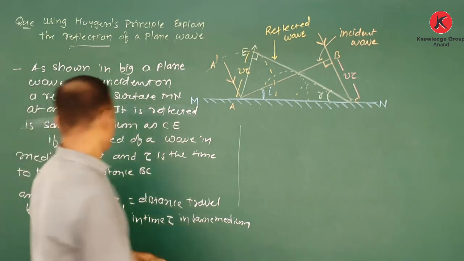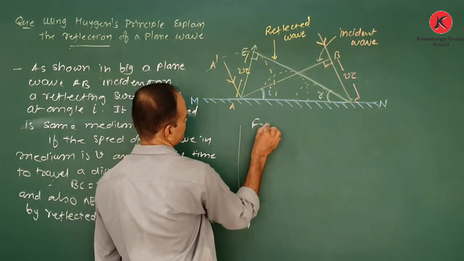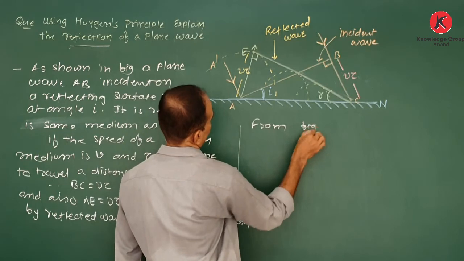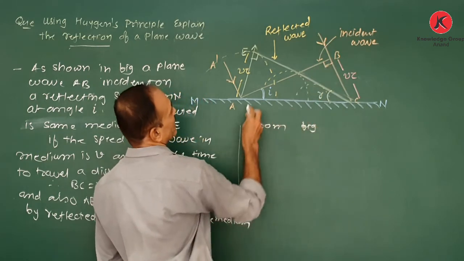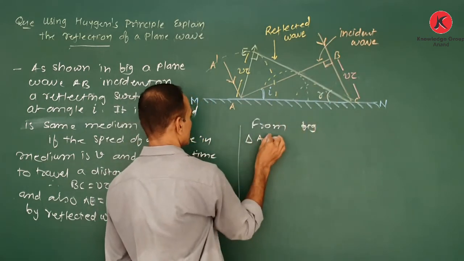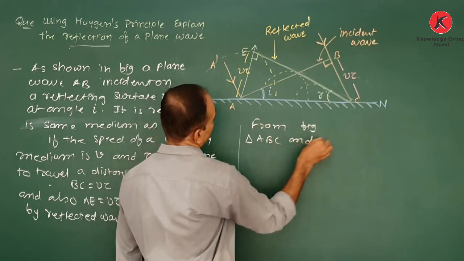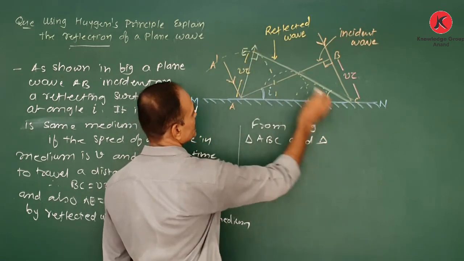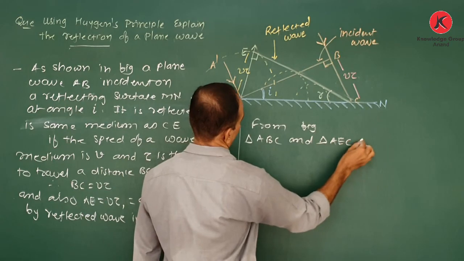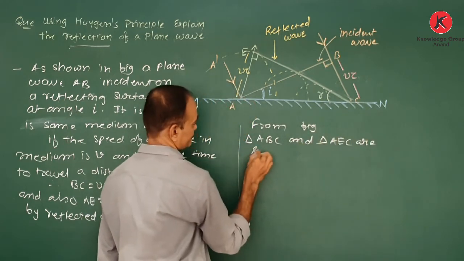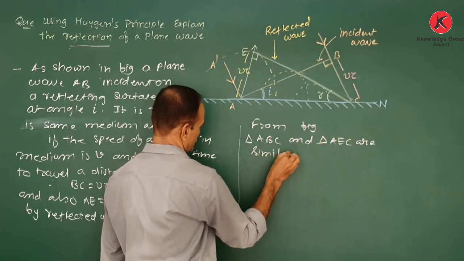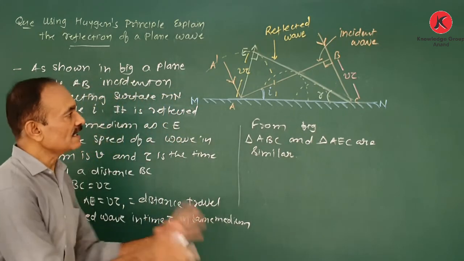Okay. Therefore, from the figure, triangle ABC and triangle AEC are similar. Both triangles are similar.